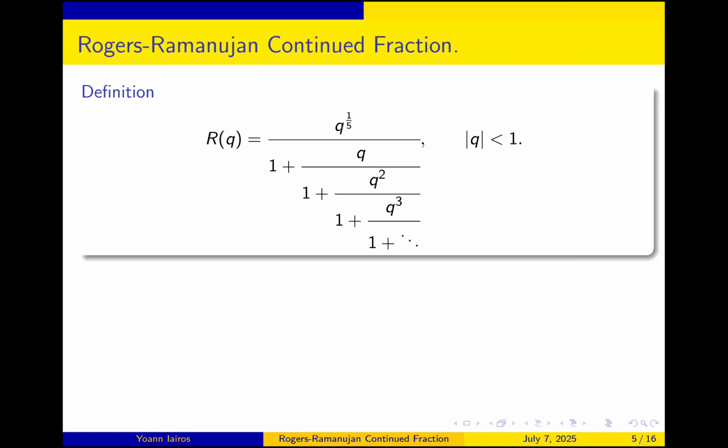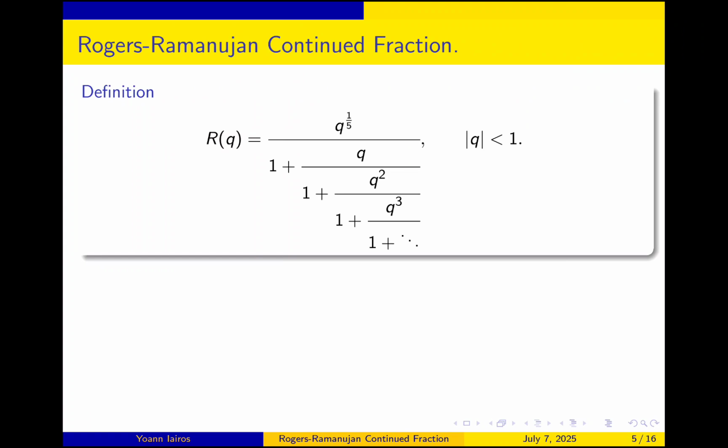Only sometimes when we include it, it makes certain symmetries in the relationships which R of q satisfies more apparent, but it was not necessary to include it. So the Rogers-Ramanujan continued fraction, which we denote by R of q, converges when q is in the open unit disk.